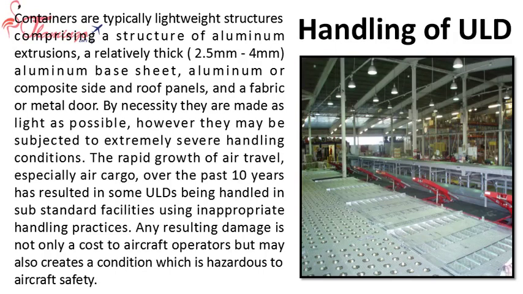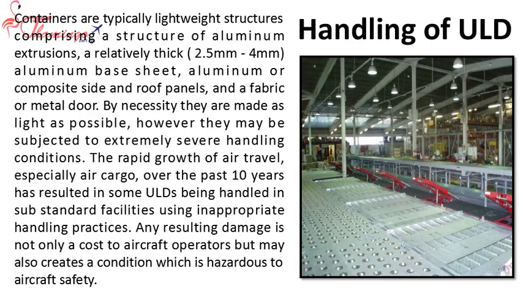Containers are typically lightweight structures comprising a structure of aluminum extrusions, a relatively thick 2.5 mm to 4 mm aluminum base sheet, aluminum or composite side and roof panels, and a fabric or metal door. By necessity, they are made as light as possible. However, they may be subjected to extremely severe handling conditions.